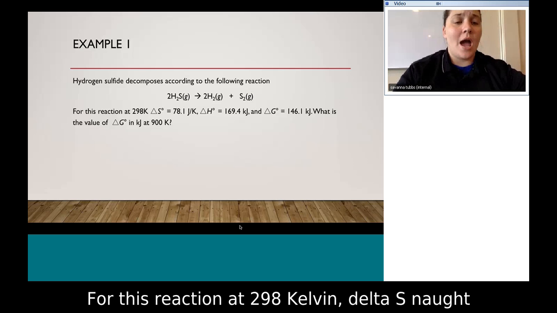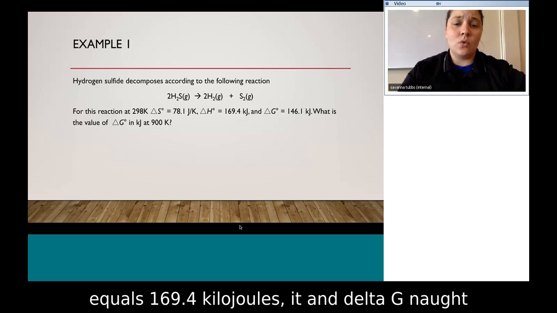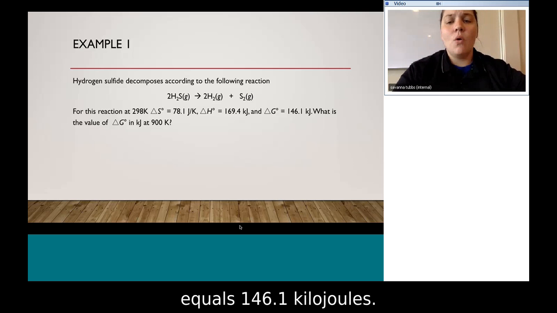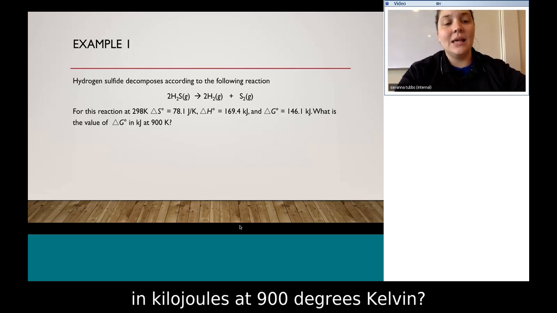For this reaction at 298 Kelvin, delta S naught equals 78.1 joules per Kelvin, delta H naught equals 169.4 kilojoules, and delta G naught equals 146.1 kilojoules. What is the value of delta G naught in kilojoules at 900 Kelvin?